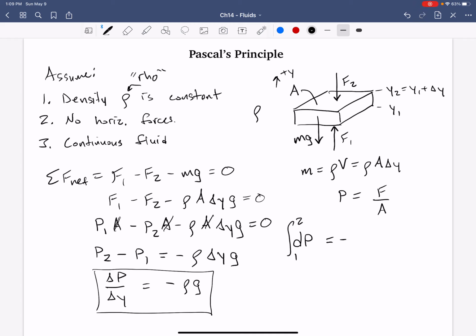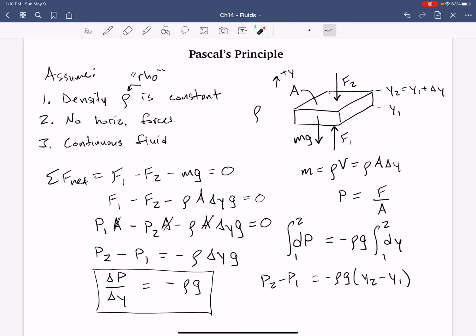Then you get negative rho g times the integral of dy from 1 to 2. This is another way to write Pascal's principle. And so if we evaluate this out, we get P2 minus P1 equals negative rho g times y2 minus y1.